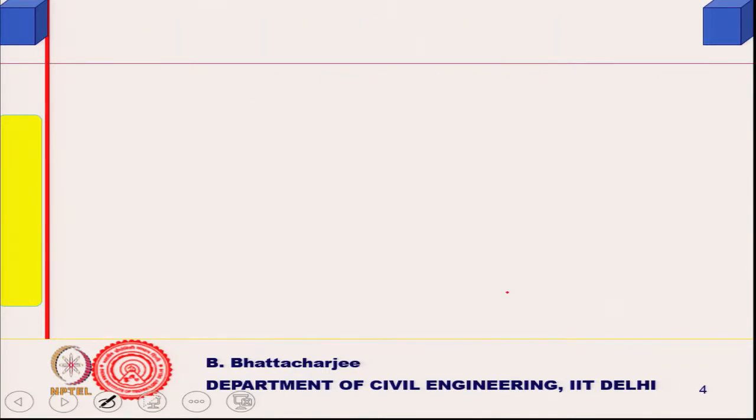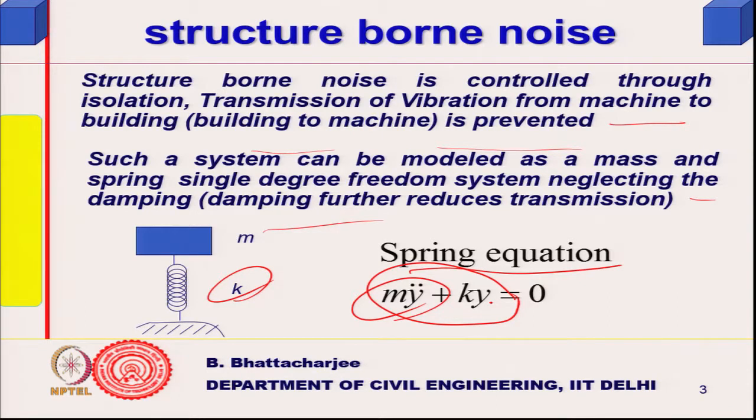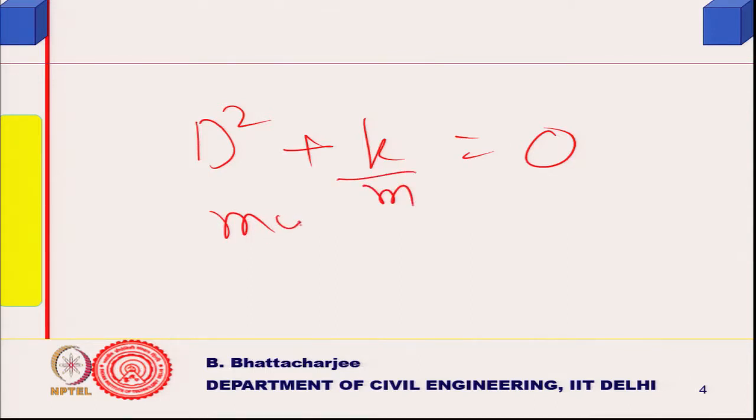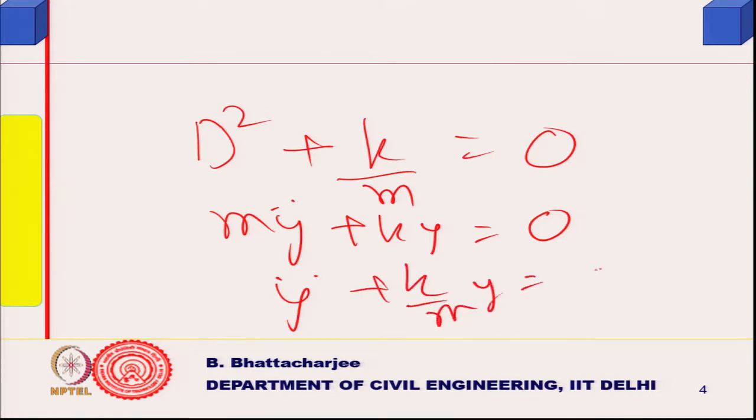If you remember, the auxiliary equation will be D square plus k by m equals 0, because it is m y double dot plus k y equals 0. So, y double dot is equal to minus k by m y. This is my auxiliary equation, and the roots of this will be simply plus minus under root k by m.